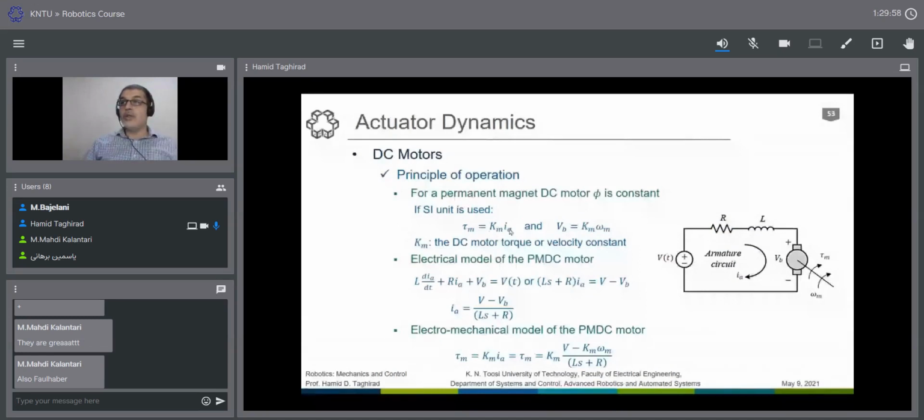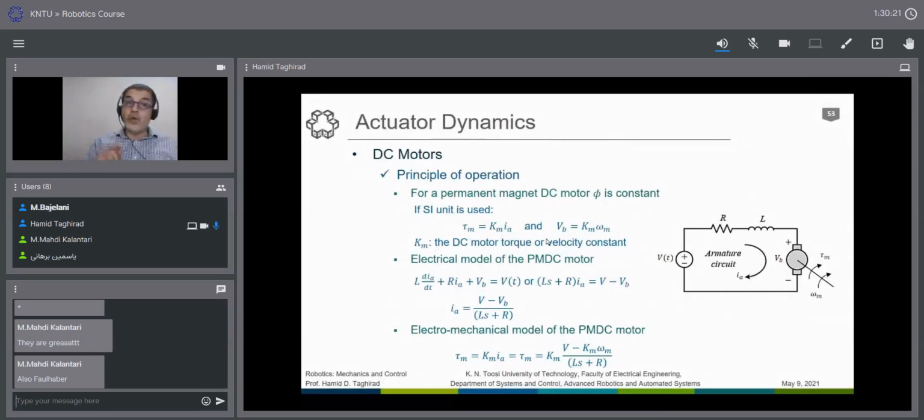We call it the torque constant or velocity constant of the motor, Km, or the motor constant. It is the relation between the current and the torque, and between the velocity and the voltage. Remember, current is related to the torque and velocity is related to the voltage.